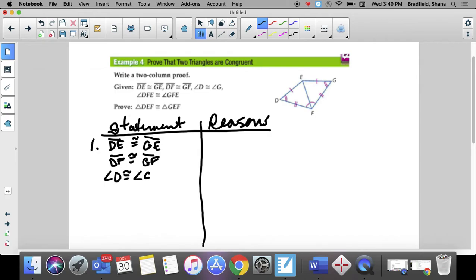And it's very sloppy because this thing is hard to write with. Okay, so those are all of our givens.